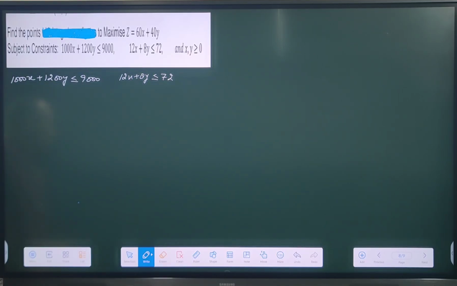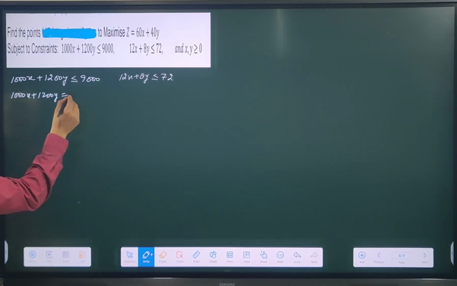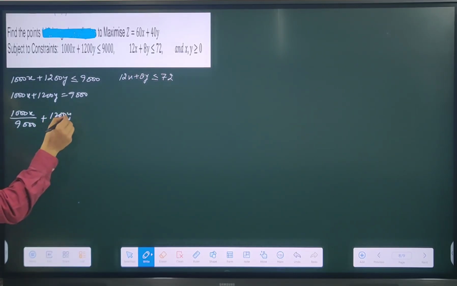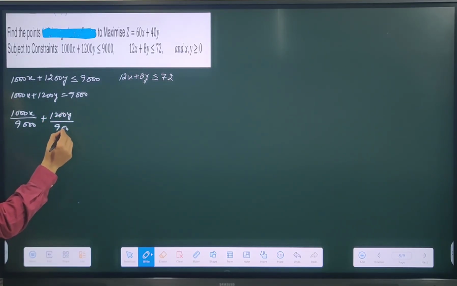So the equation corresponding to these inequalities: 1000x plus 1200y is equal to 9000.